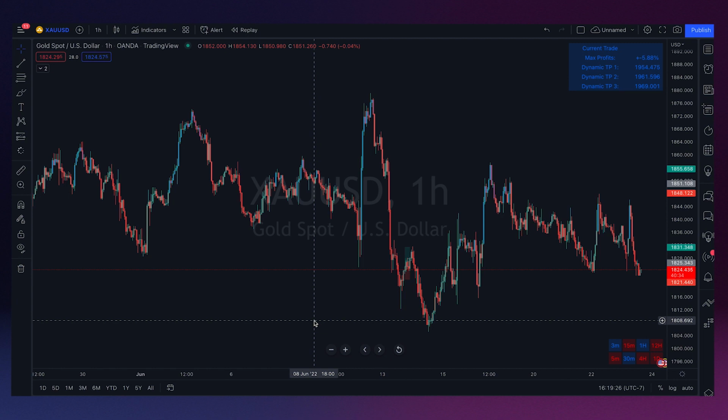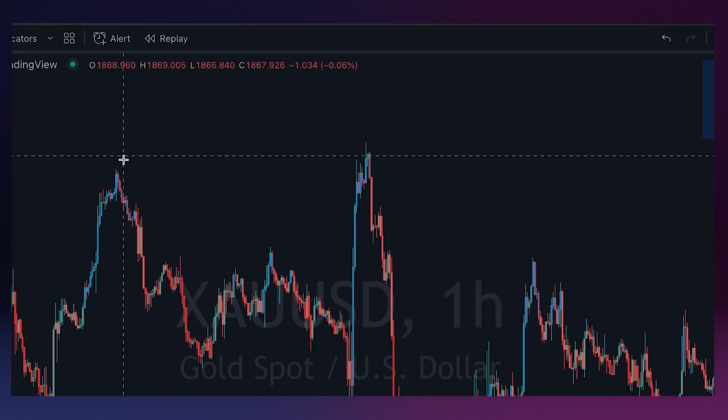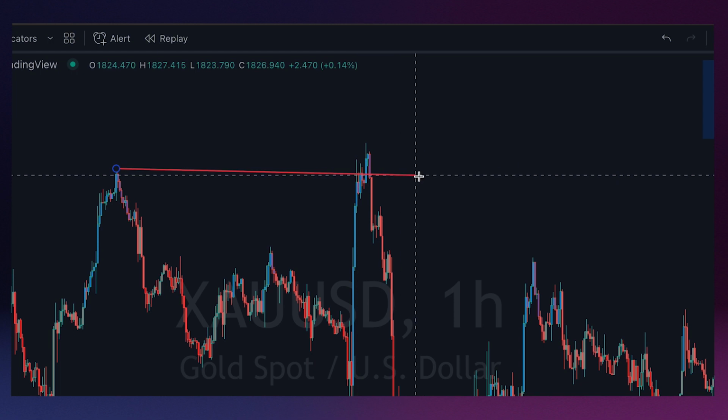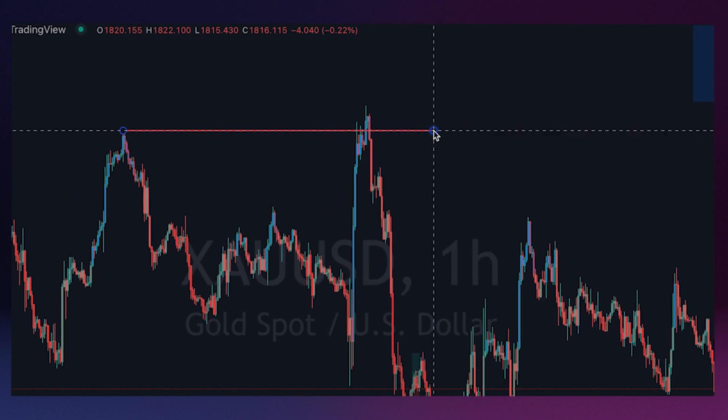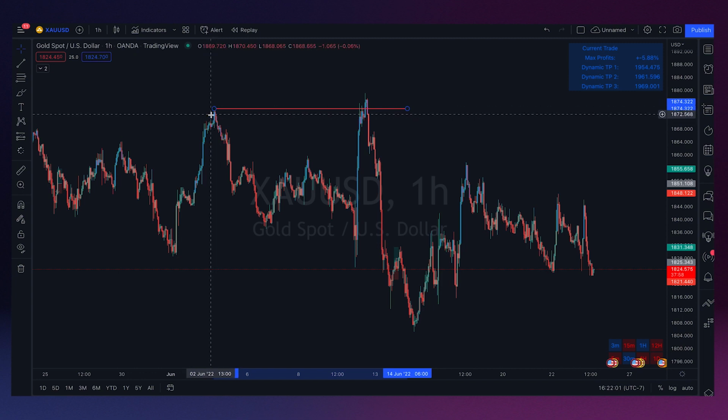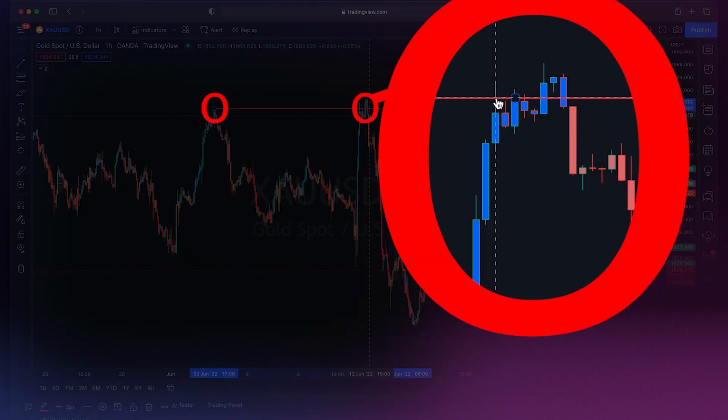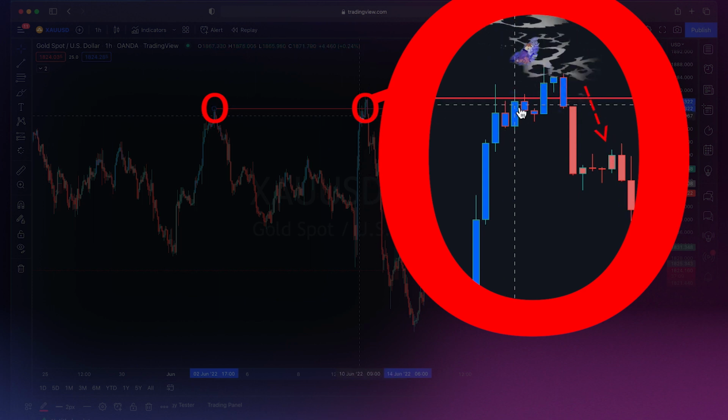So what is support and resistance? Resistance is an area where you can clearly see where price struggles to push up higher. Resistance is found where price struggles to make higher highs, like you see here, and having price come right back to that area and failing to push higher again.